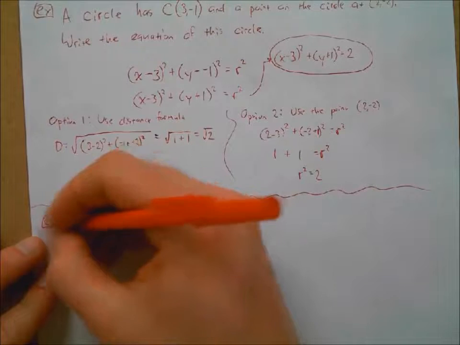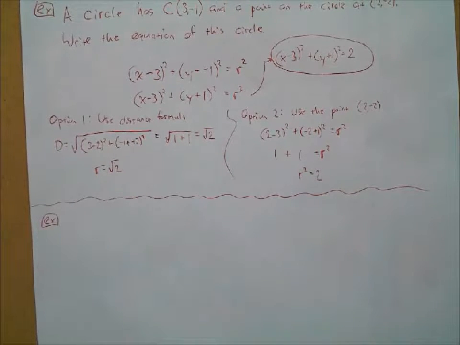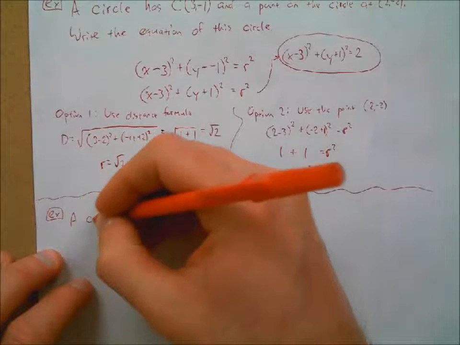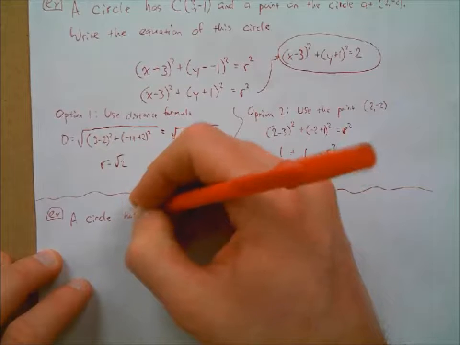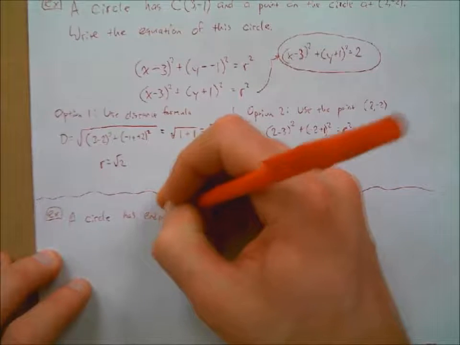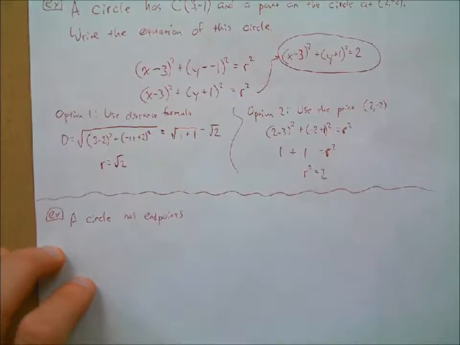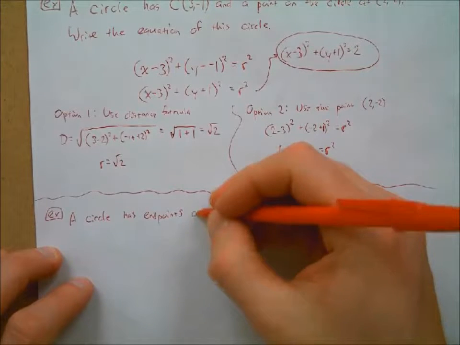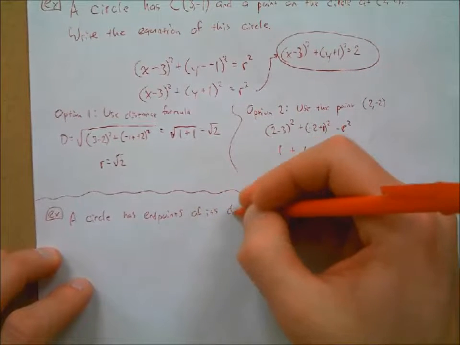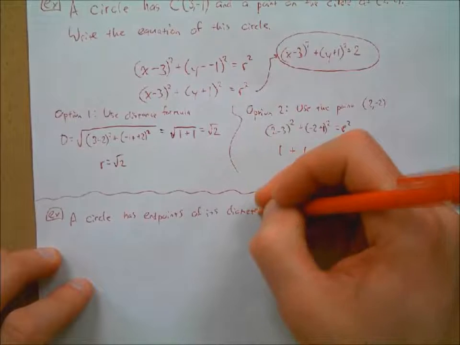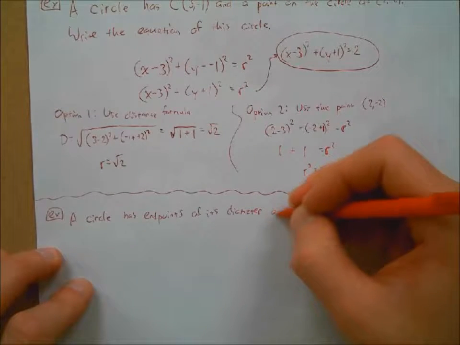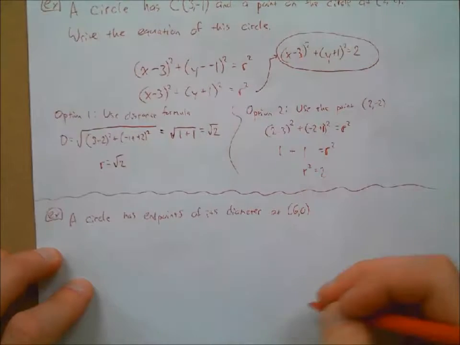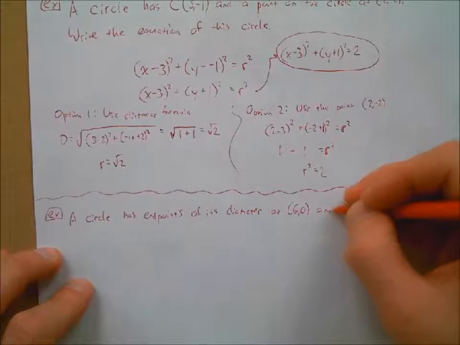Let me throw one other scenario at you here, and then we'll stop for you guys to get started on your assignment. All right, scenario dos. A circle has endpoints of its diameter at 6, 0 and 0, 10.